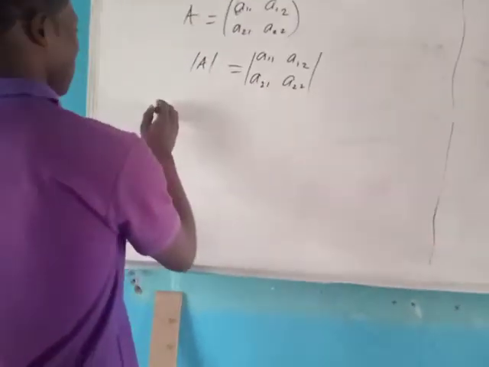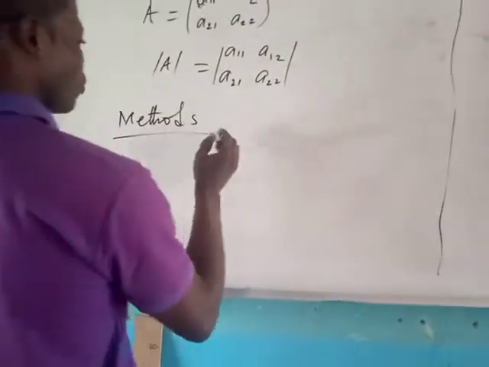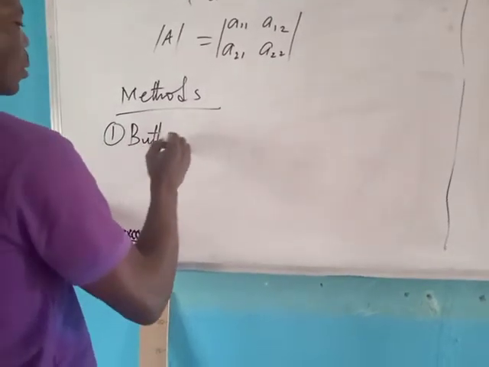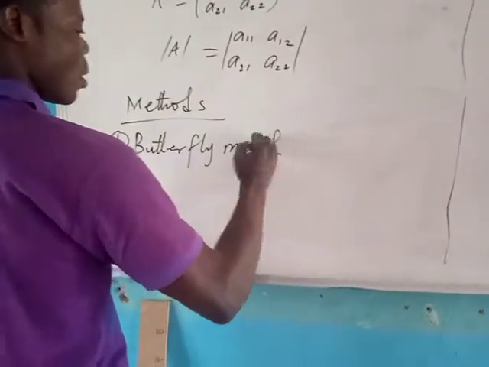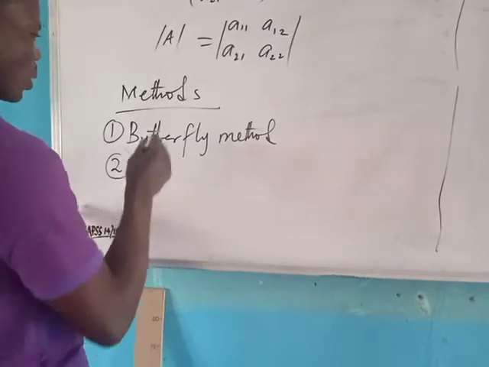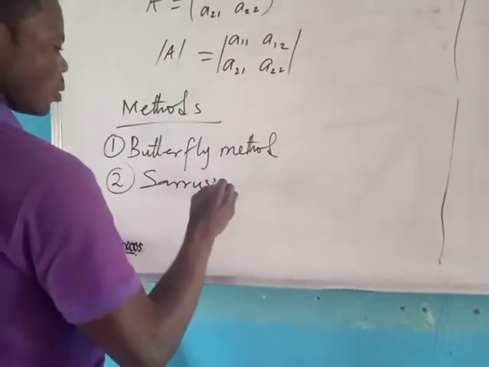So let's look at the methods. We want to consider the butterfly method, and after the butterfly method, we consider the Sarrus method.